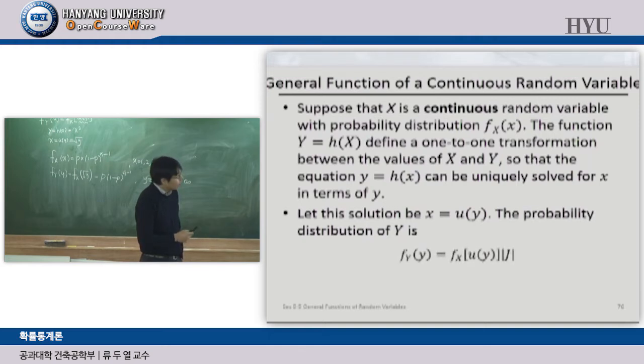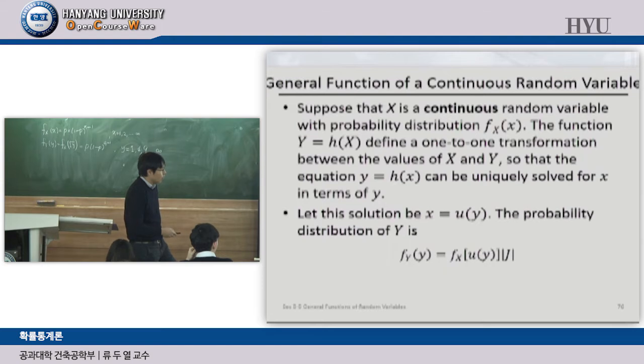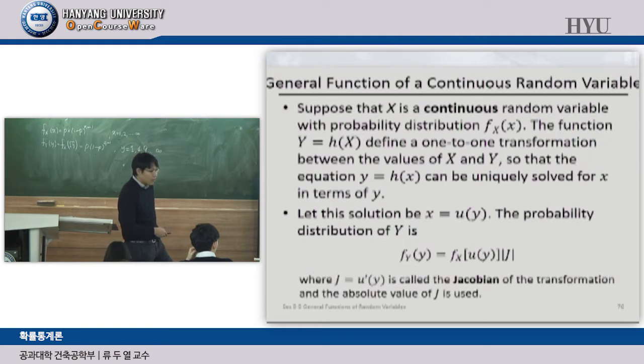So for the case of the continuous random variable, the probability density function of y should be equal to the probability density function of x when x is equal to u(y), multiplied by the absolute value of the Jacobian. And here, the Jacobian is equal to u prime of y. That is the derivative of u(y), and that is called the Jacobian of the transformation.